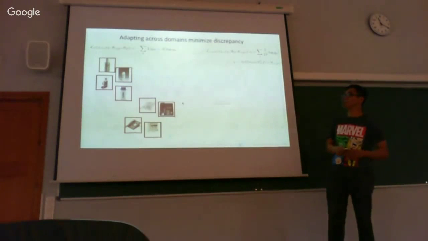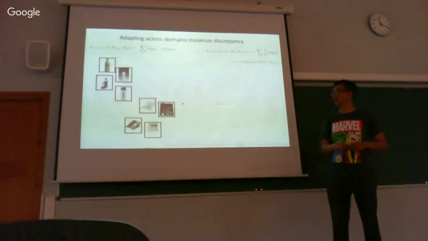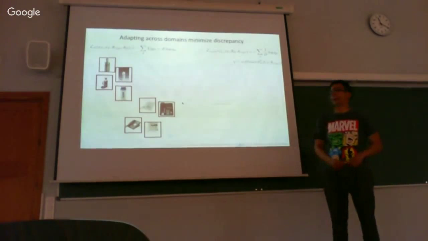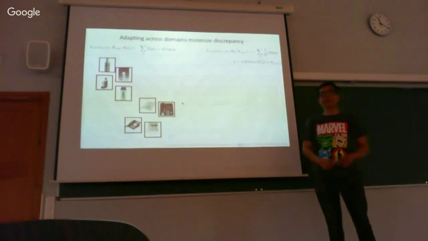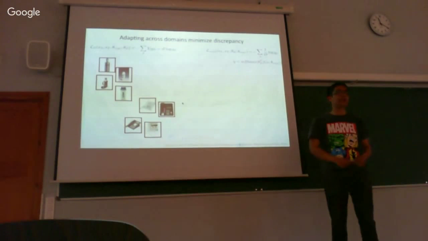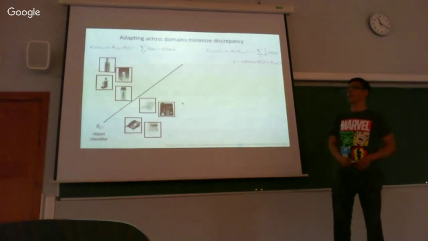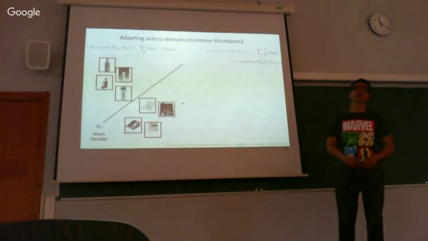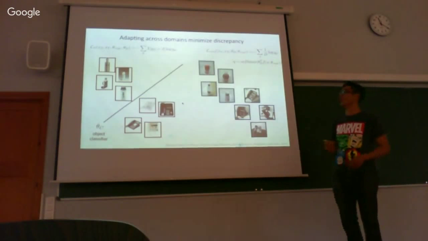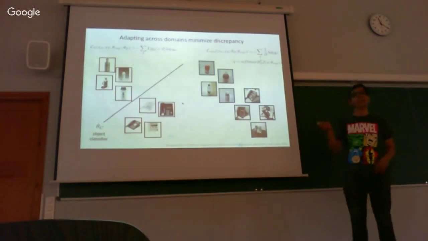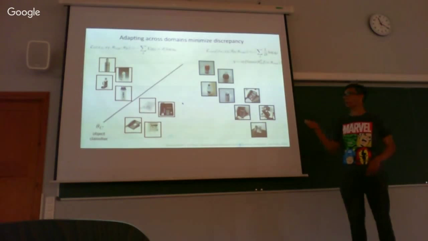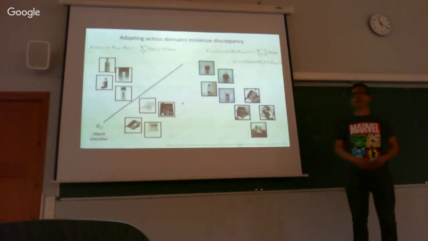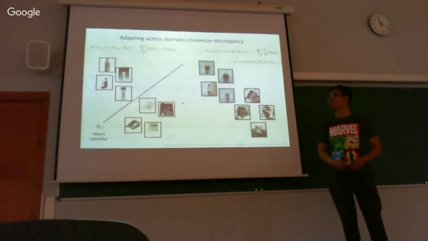For example, in this slide we have the original data, and we have 2 classes. The first one is bottle, and the other one is telephone. So our neural network performs the classification well on these images. When we add the target data, our classifier doesn't work well because it has a different domain distribution.